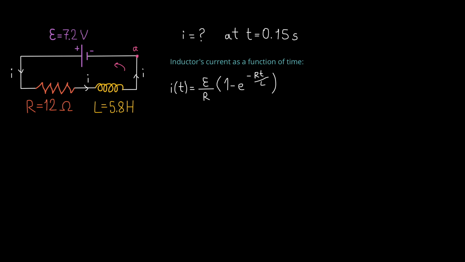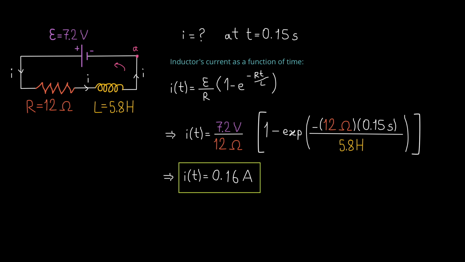The next question is, what is the value of the current at t equals 0.15 seconds? Now time is given explicitly and we're looking for the instantaneous value of the current. Let's use the formula that represents the inductor's current as a function of time. Note that when you substitute t equals 0 in this formula, you get 0 as expected for the value of the current.